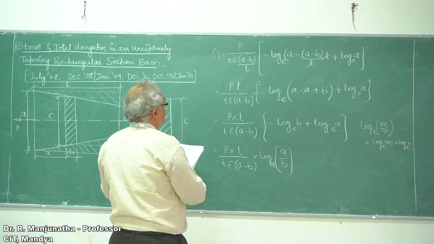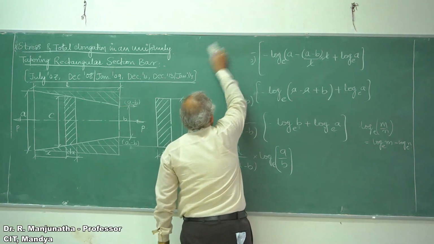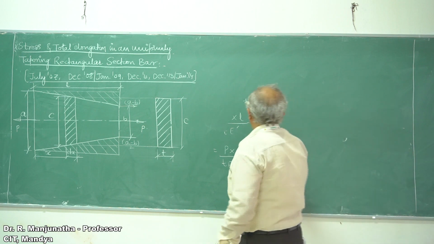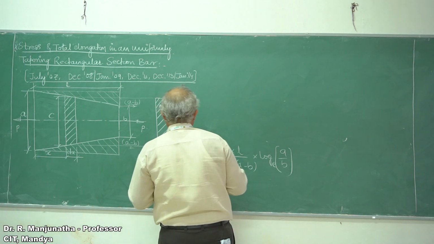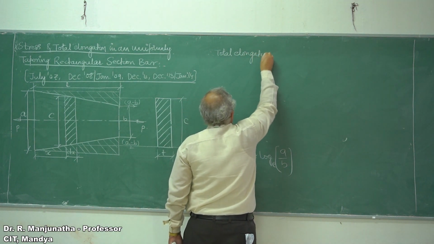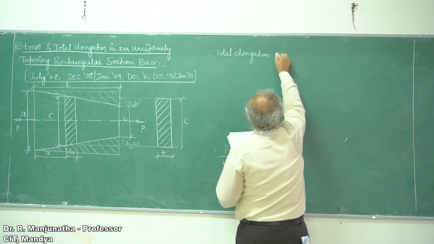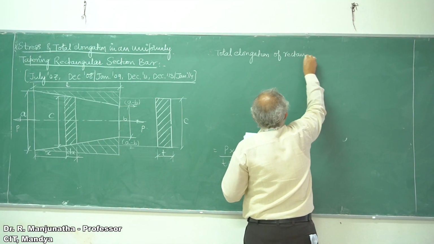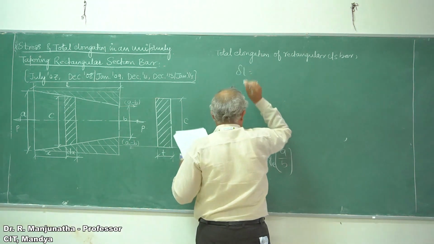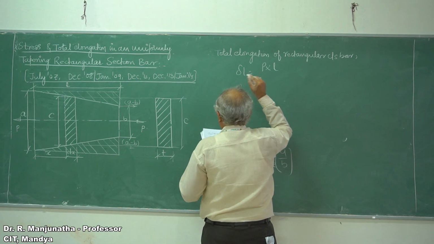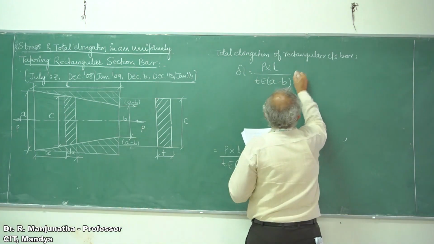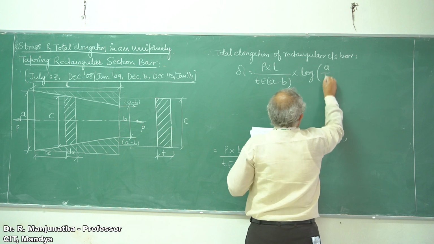Therefore the total elongation of the rectangular cross-sectional bar, which is delta L, will be equal to P into L divided by T into E into A minus B into log of A by B to base e.